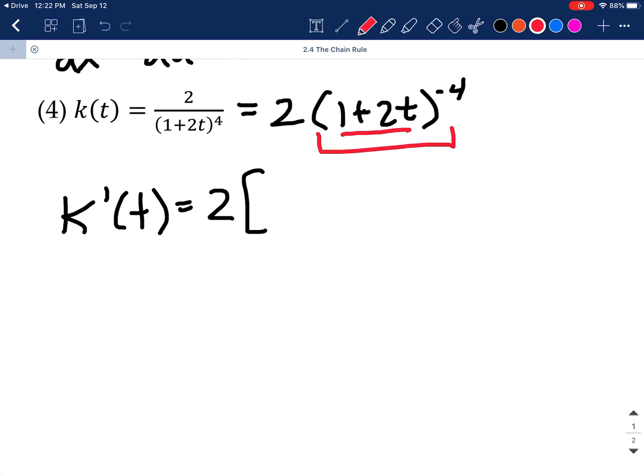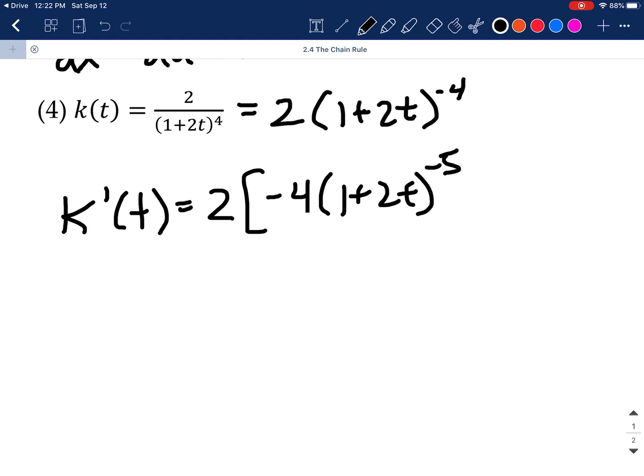My outside function is something to the negative 4th power. So what we're going to end up with is the derivative of something to the negative 4th, which is negative 4 times (1 plus 2t) to the negative 5th, using the power rule, times the derivative of the inside, which is 1 plus 2t, so the derivative of that is just 2.